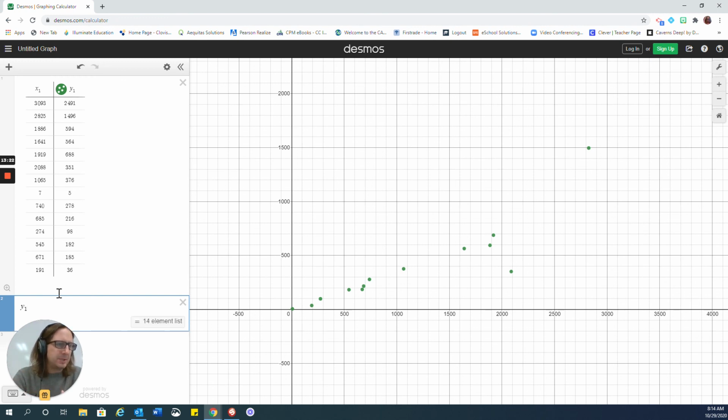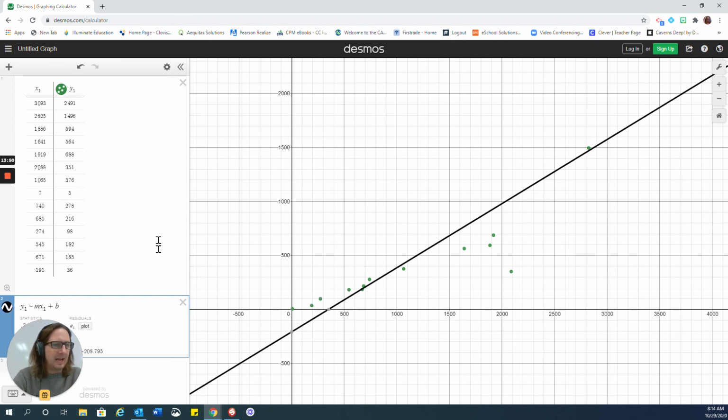Instead of equals, there is no equal for this one because these points are not in a straight line, so I want it to approximate. And what we do is use the tilde symbol. It's right next to the 1 symbol on your keyboard. So I want y1 to approximately be mx, using these x values here, so x1 plus b. And now we have a line of best fit.